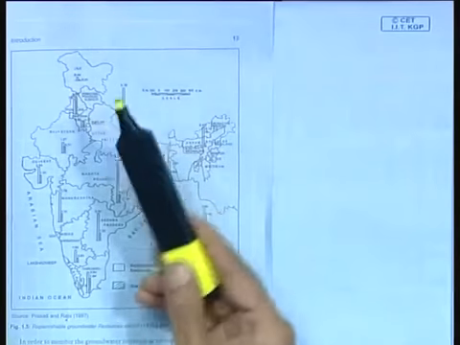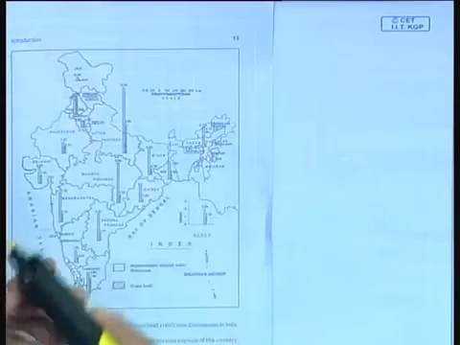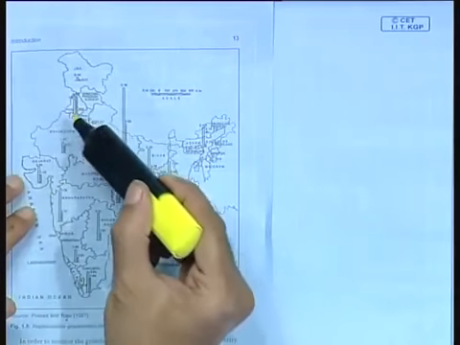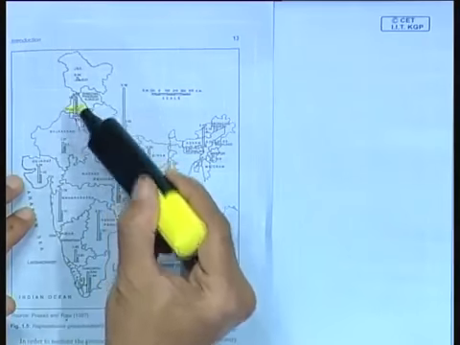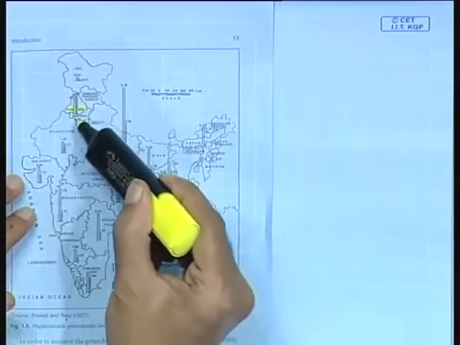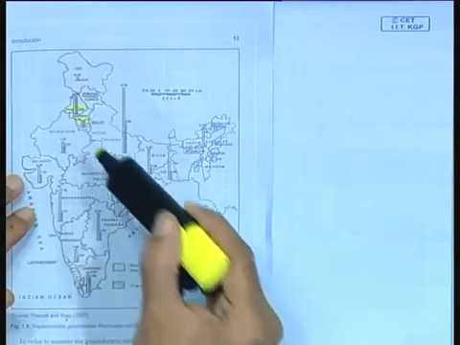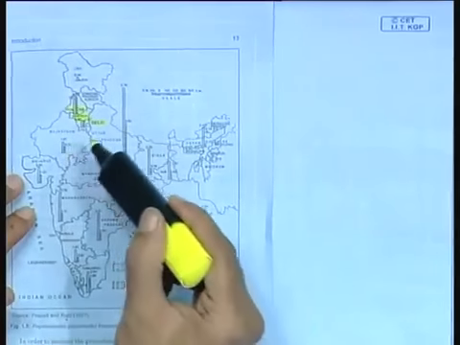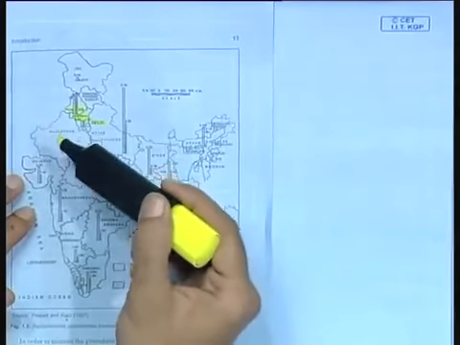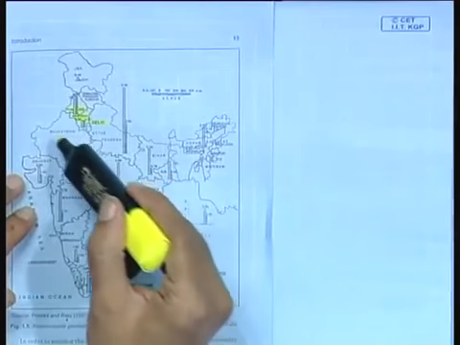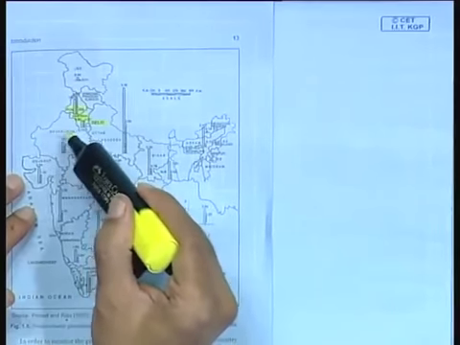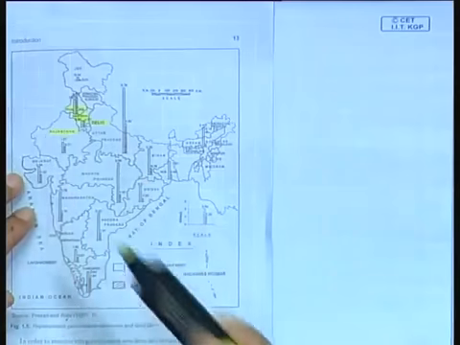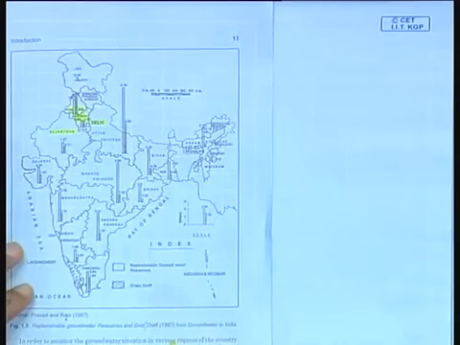As you can see here, in the states of Punjab, Haryana, Delhi, then almost in Rajasthan also, it is more than 100%. So, here there is a significant amount of groundwater utilization.